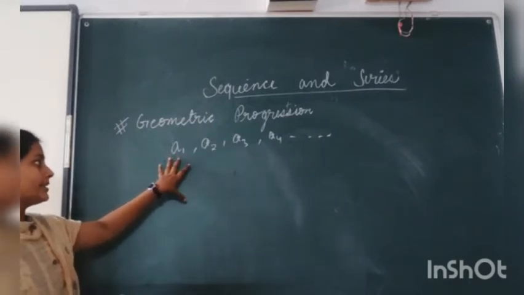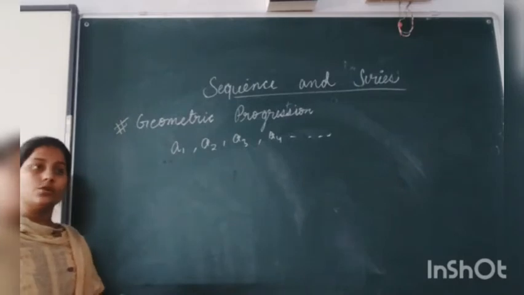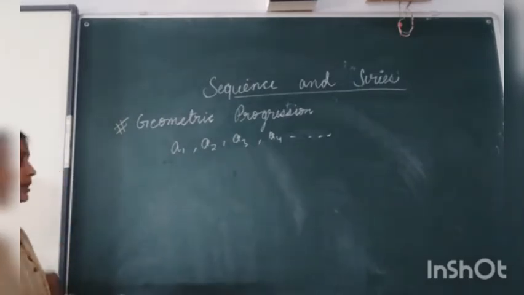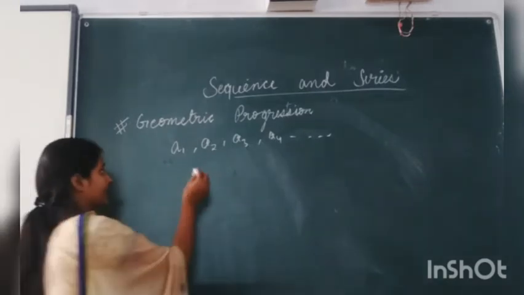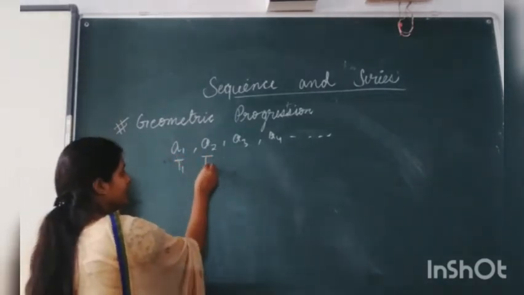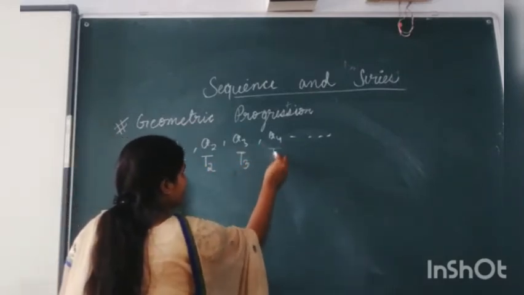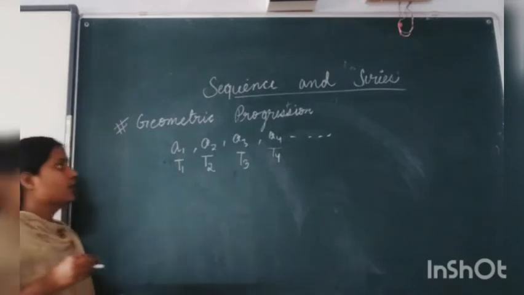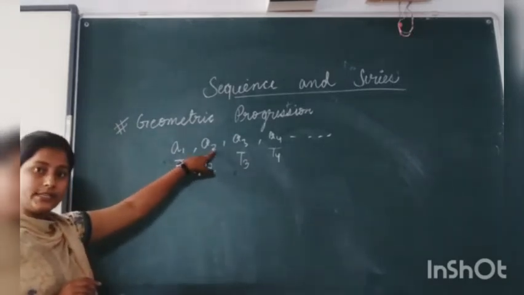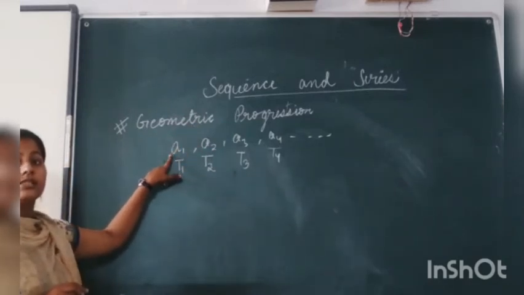That is, if this series follows a certain rule, then we say that it is a geometric progression. And what is the rule? The rule is that, see, this is the first term, you can write it as T1, this is the second term, third term, fourth term and so on. So if the series is in GP, then the ratio of the second term to the first term is constant.